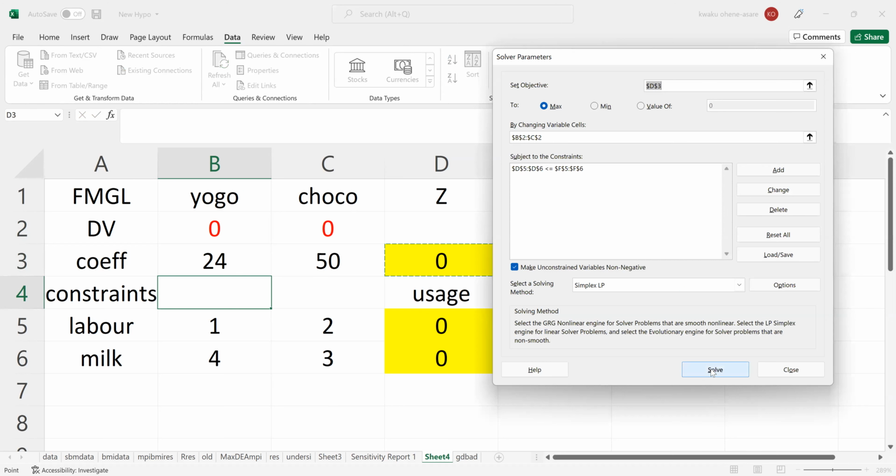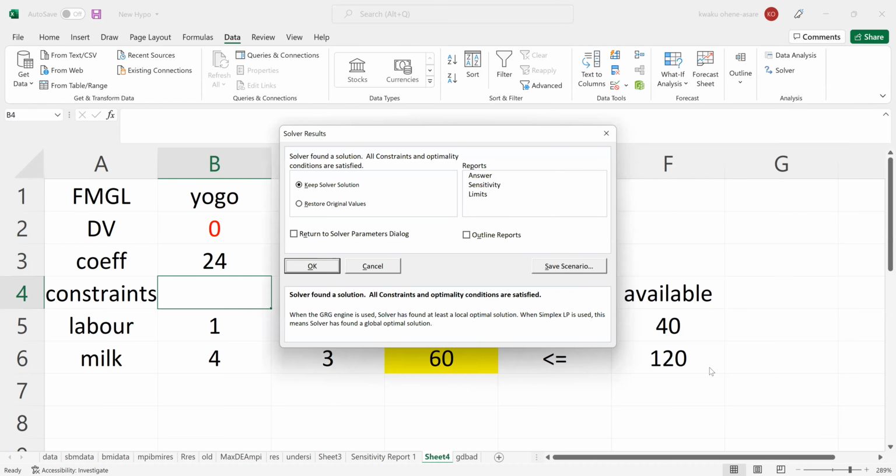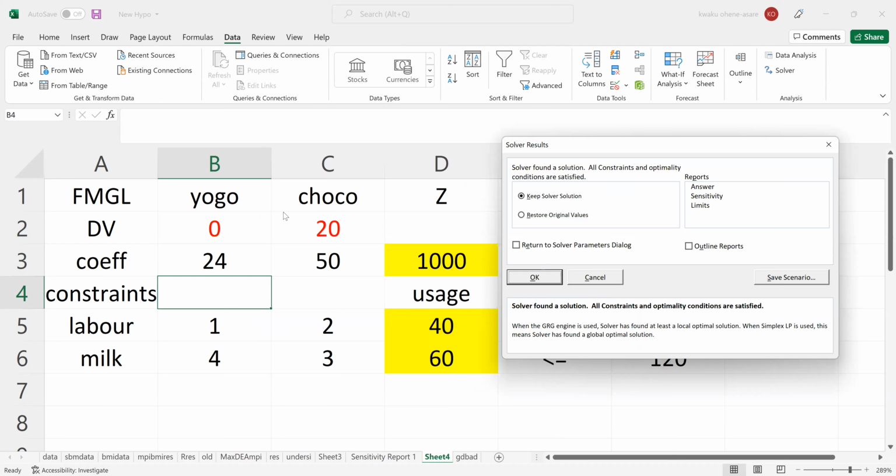Then run it, solve again. Now watch what happens. The optimal solution is no longer 24 and 8. It's changed to 0 and 8. Why? Because the coefficient was reduced below the sensitivity range.